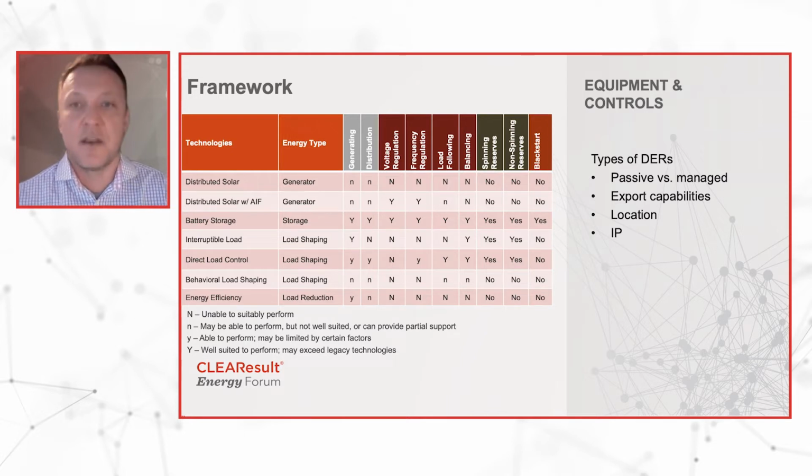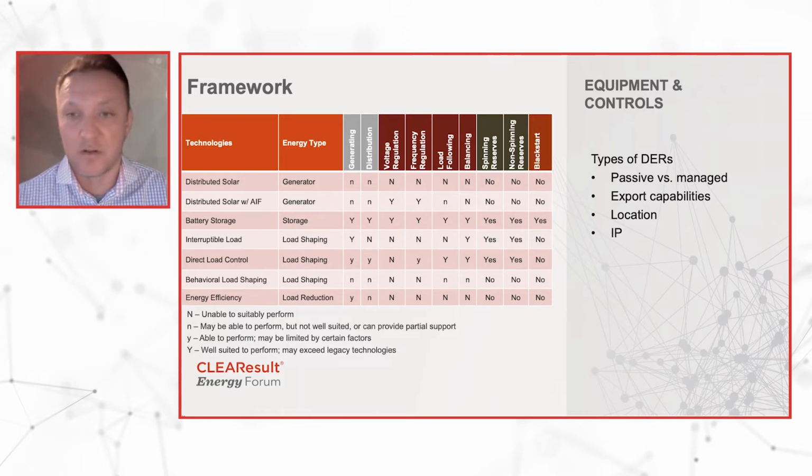Obviously, you need to understand what types of DERs are available. The grid architecture characteristics of these technologies are important to consider. Is the resource passive? Does it need to be actively managed? Does it have export capabilities? Is there a load management resource that needs to be considered? Is it locationally dependent? Can it be aggregated, controlled from elsewhere?